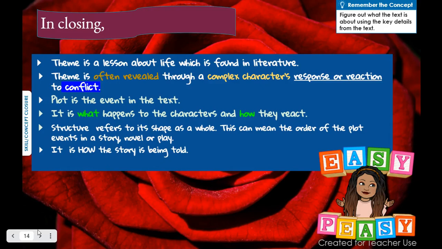So plot is dealing with the character and the events that they create. What happens to the character, how they interact. The structure is how this story is being told, right? How do these events happen, you know? All right, easy peasy.